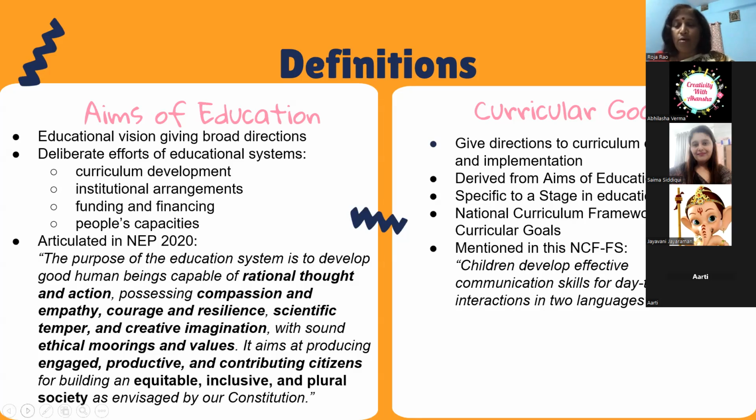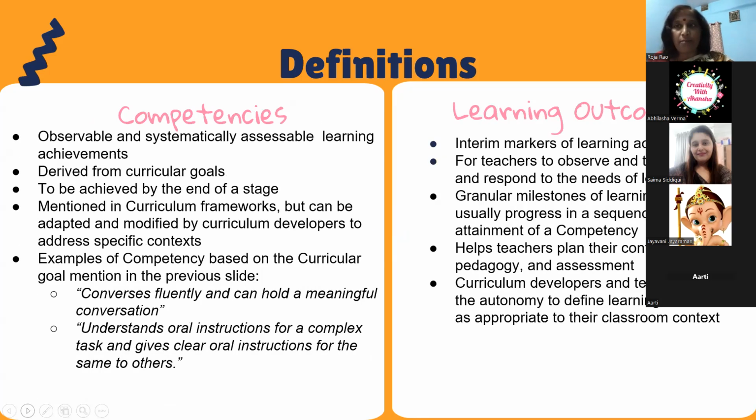Now going to the next, these goals actually lead to what? Competencies. And these competencies are measurable, observable, and accessible, and we need to achieve them. We need to achieve these goals. And these competencies later on lead to our learning outcomes.